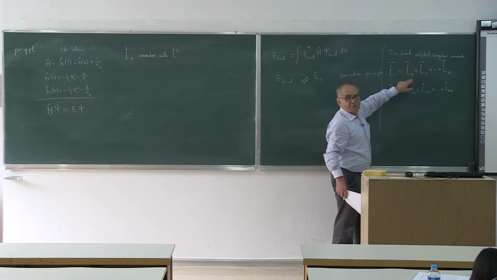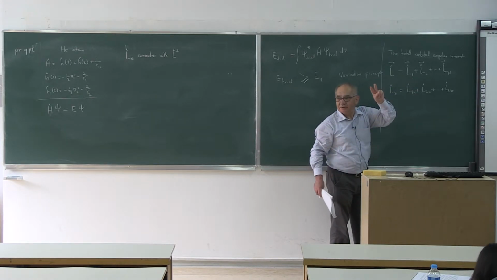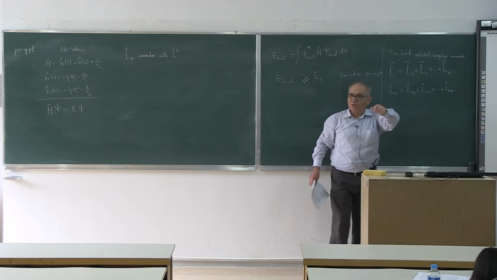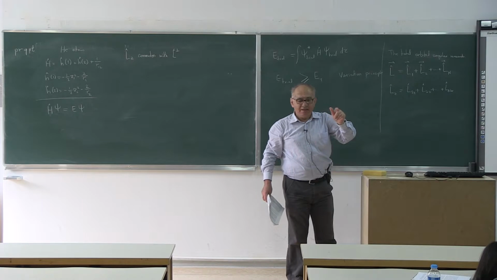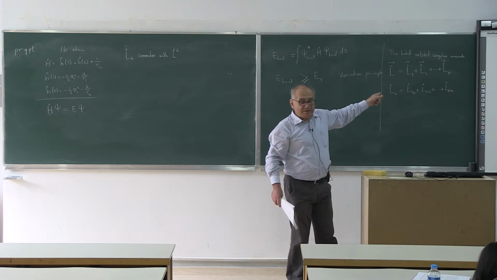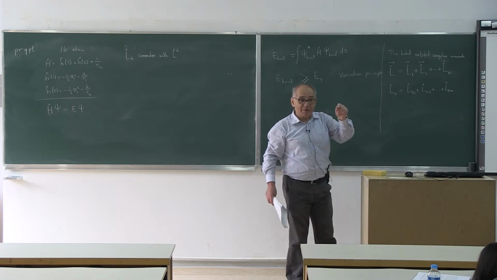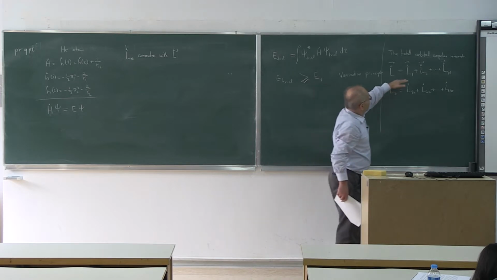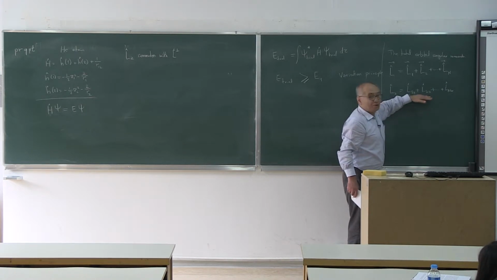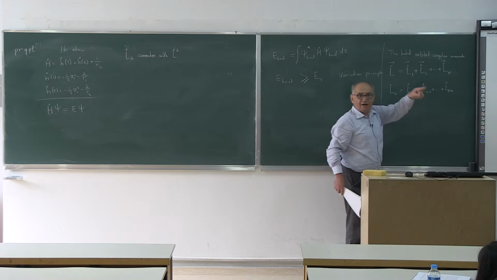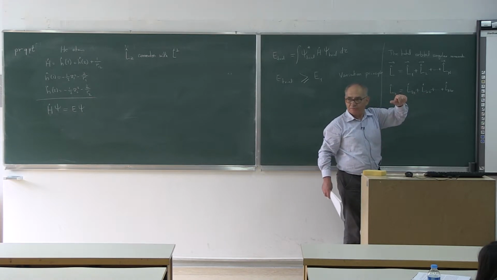Each one of these terms contains two angles as variables when we use spherical polar variables. None of those terms contains the r variable, the radial distance, remember, for a single electron. So this expression contains 2 times n variables. This one contains n variables, the phi variables for each electron.